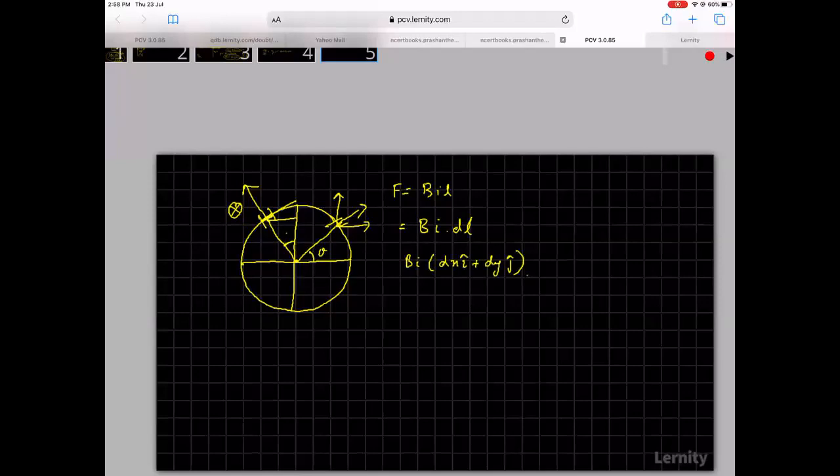If this is the wire, then dx is negative here and dy is positive. So it will become BI (dy j cap minus dx i cap). So this is it.